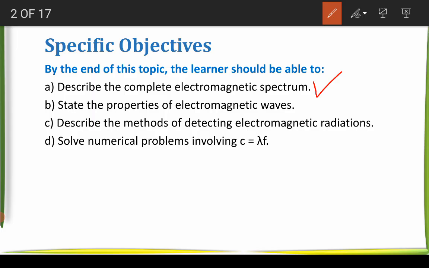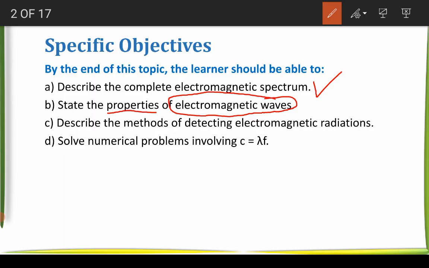What is it made up of? You are going to learn that the electromagnetic spectrum is made up of electromagnetic waves. So what are the properties of electromagnetic waves? By the end of the topic, it's one of the shortest topics in Form 4 Physics.